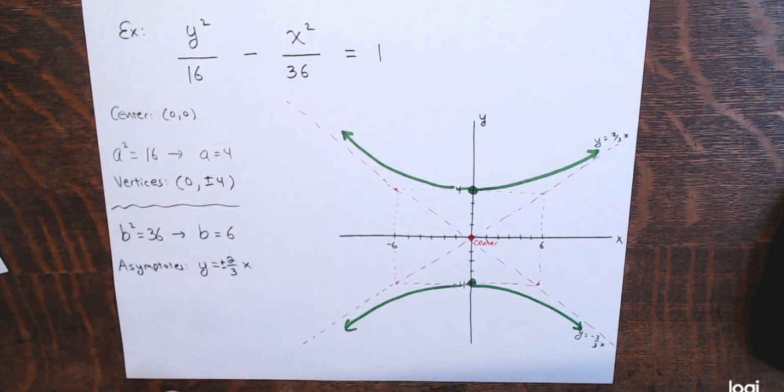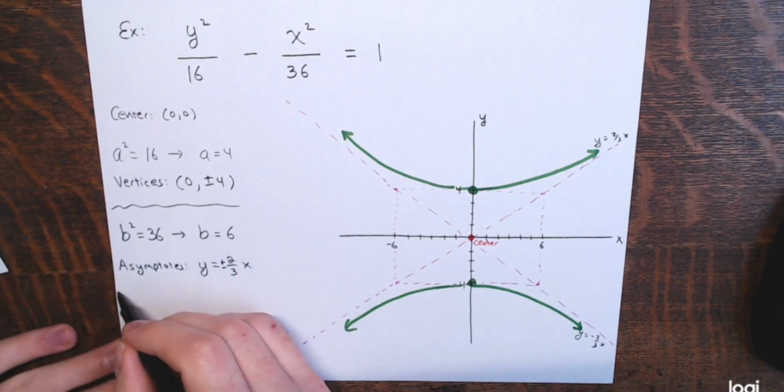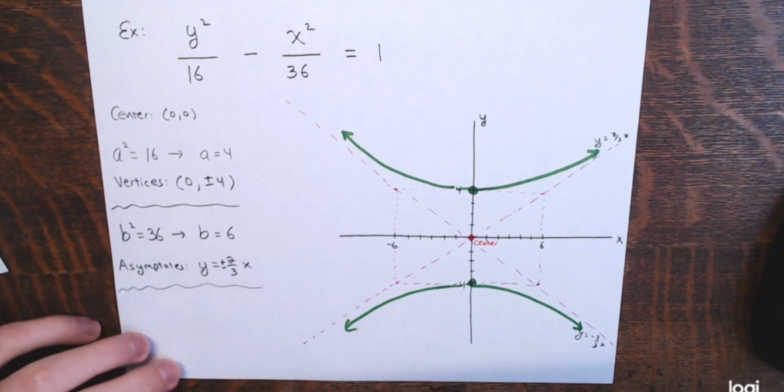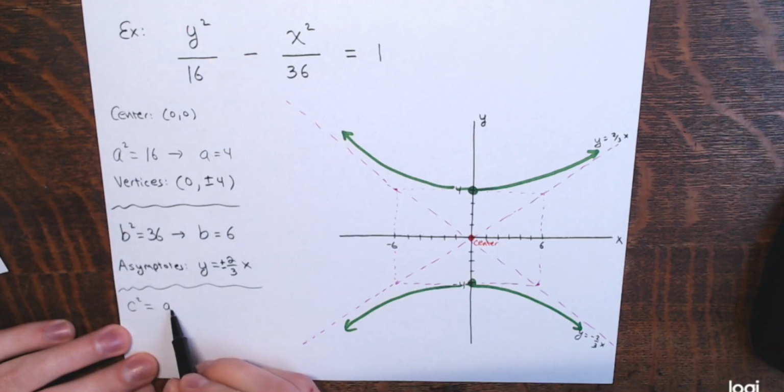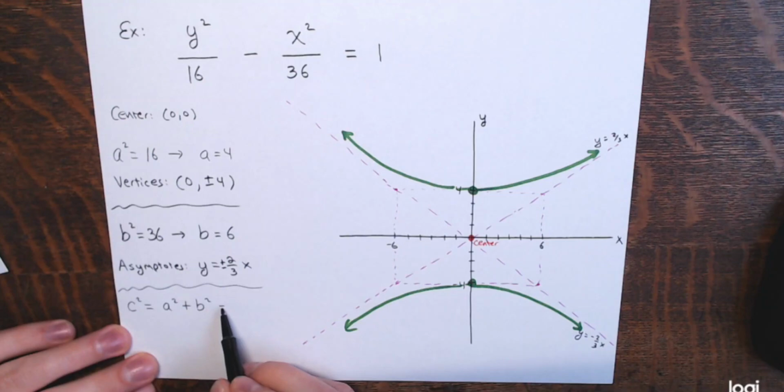Alright, and then I know they're not asking for it, but they will be in some of the other problems. So I'm going to find c, and we'll talk about the foci. c squared is a squared plus b squared in these hyperbolas. So that's 16 plus 36, which is 52.